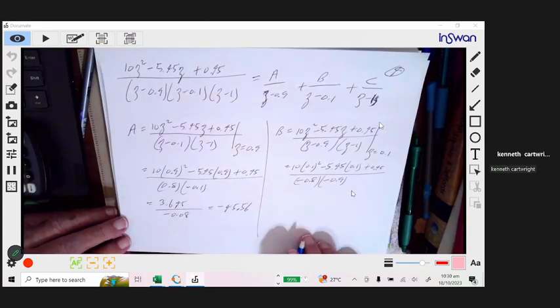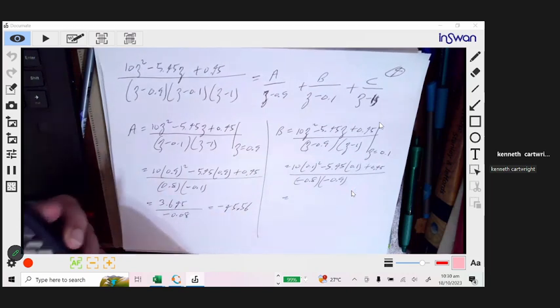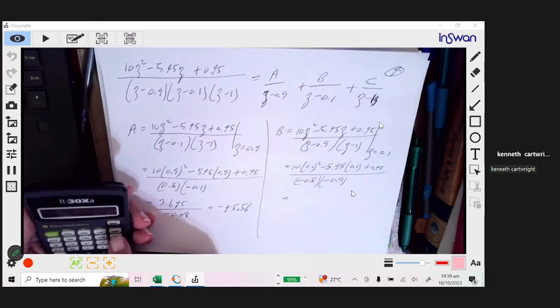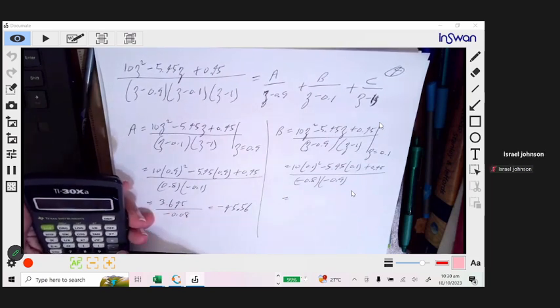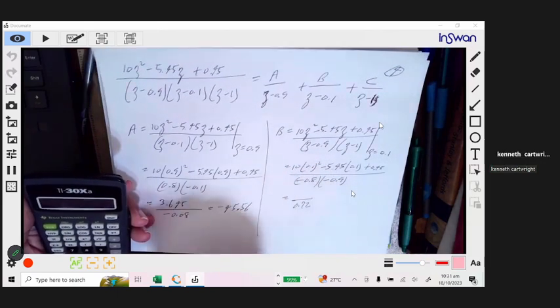Right? Did I make any errors there on the denominator? No, sir. So the bottom is 0.72.